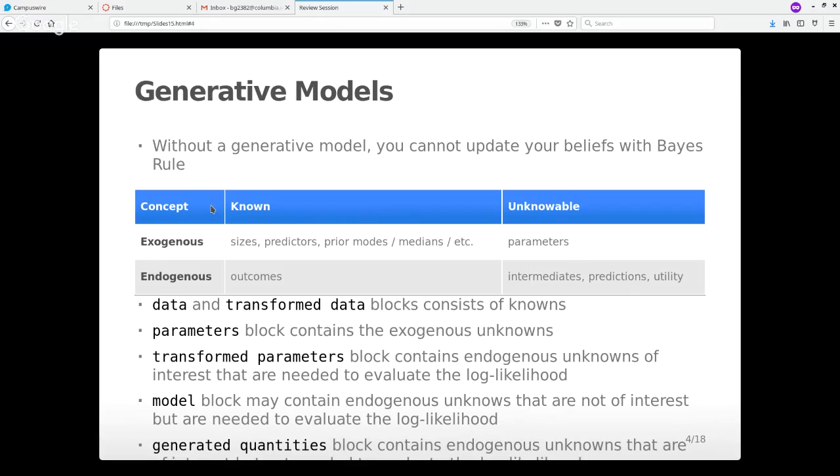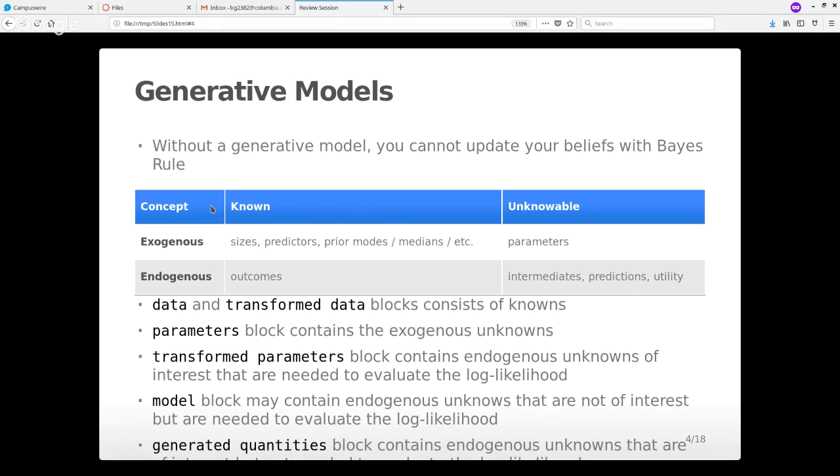So you want to look at what their posterior distribution or implied posterior distribution is, given the posterior distribution of the exogenous unknowns. But they also may be needed to evaluate the log likelihood in the model block. If they're not of interest, then that's fine. You could just define them in the model block and they wouldn't be saved in the output.